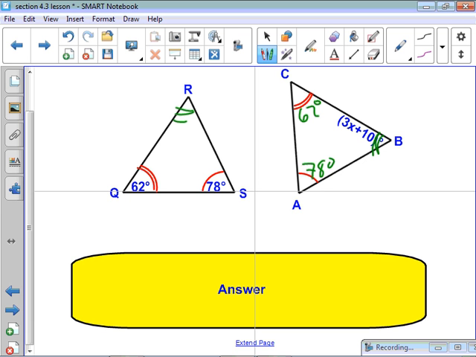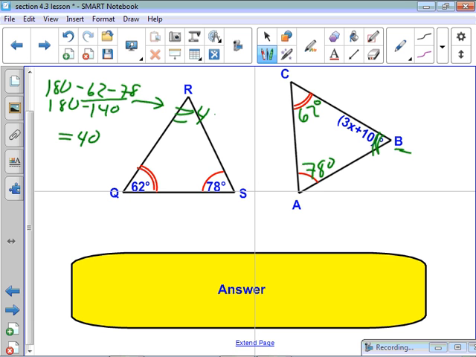So whatever this measure is, 180 minus 62 minus 78, is going to also equal angle B over here. Let's see what those add up to together, that's 140. So 180 minus 140 equals 40.